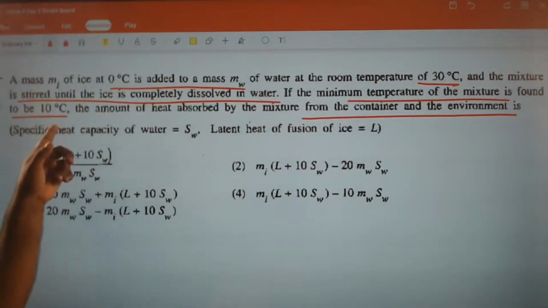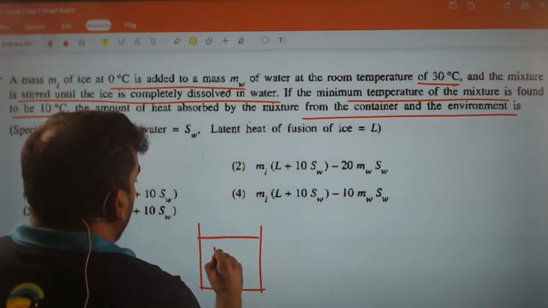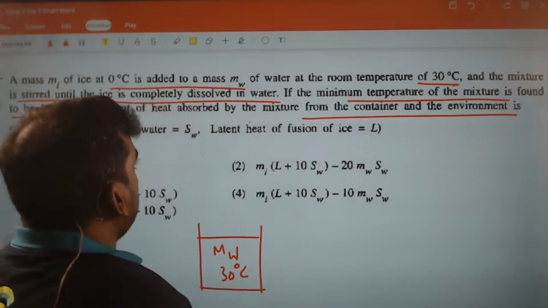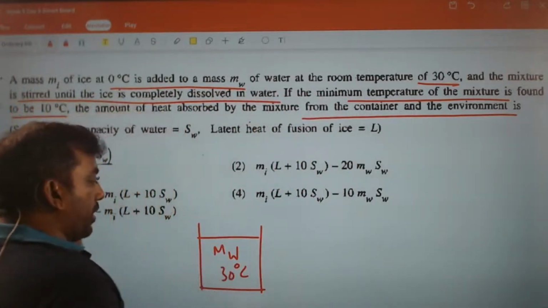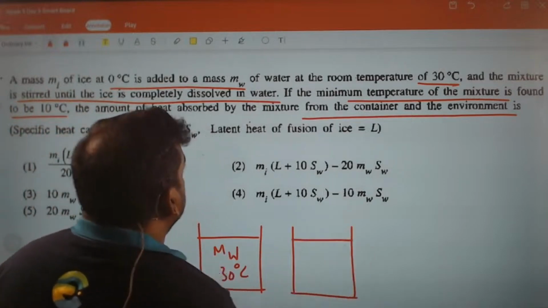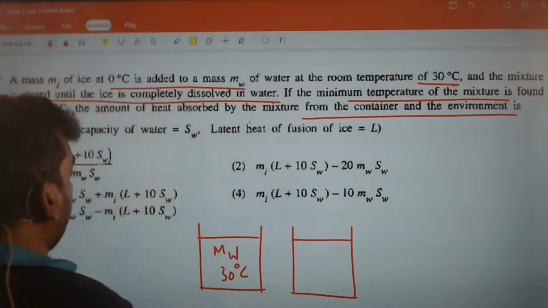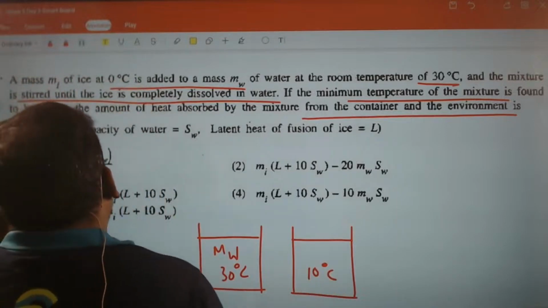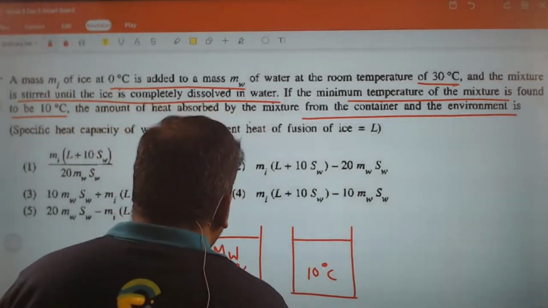Mass m1 of ice at 0 degrees Celsius is added to mass of water mW at room temperature 30 degrees Celsius, and the mixture is stirred until the ice is completely dissolved in water, meaning dissolution completely takes place. If the minimum temperature of the mixture is found to be 10 degrees, so minimum here is 10. Ice water mixture. The amount of heat absorbed by the mixture from the container and the environment is.